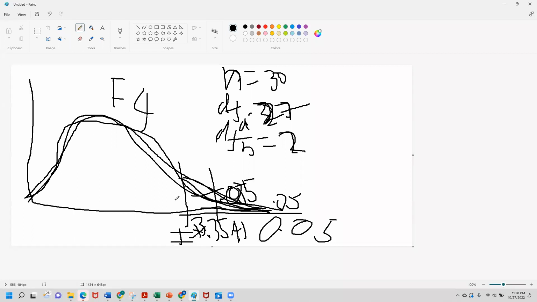Now, if it's to the left, then the probability is big, right? If you have an F of, say, 2, then you know that's greater than 0.05. The probability of this is greater than 0.05, and it's too big. There's a high probability of getting higher mean differences or mean variances.